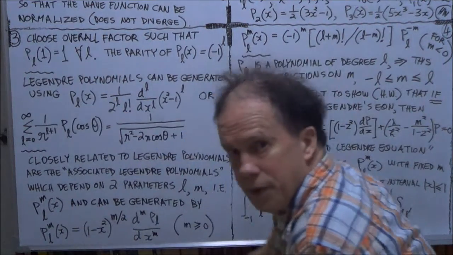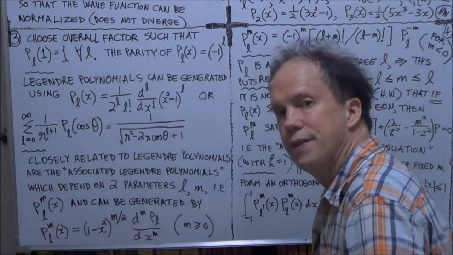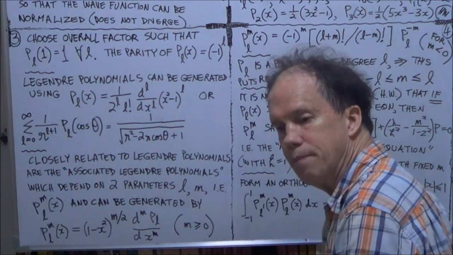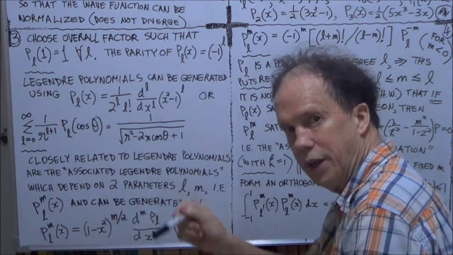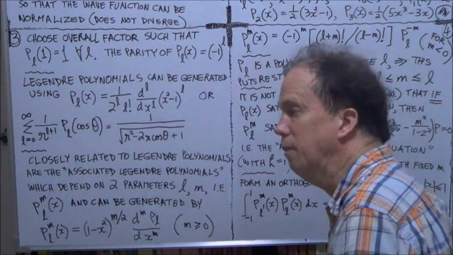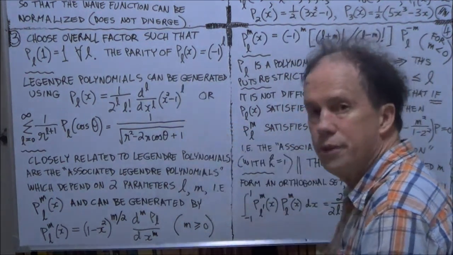Now these polynomials are a weighted sum of powers of x, so x to power k, and then x to power k plus 2, plus 4, and so on. So these polynomials have a parity.